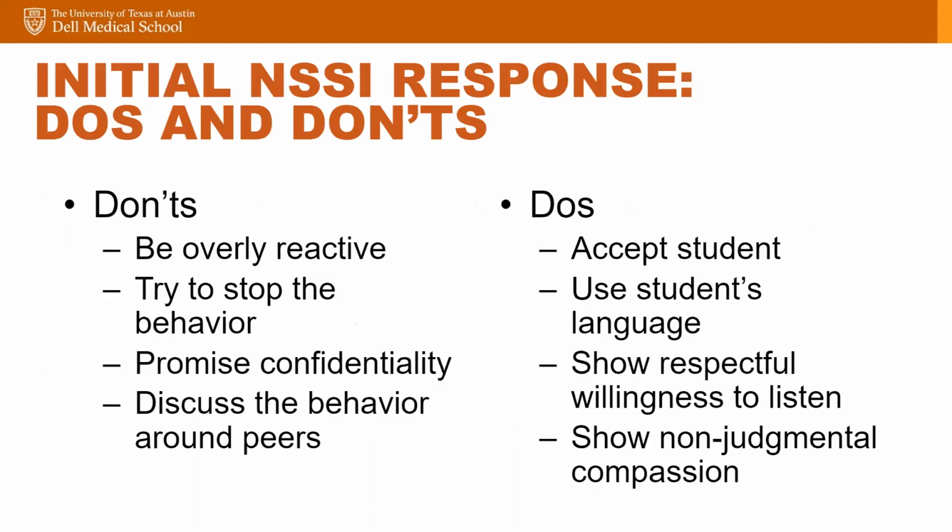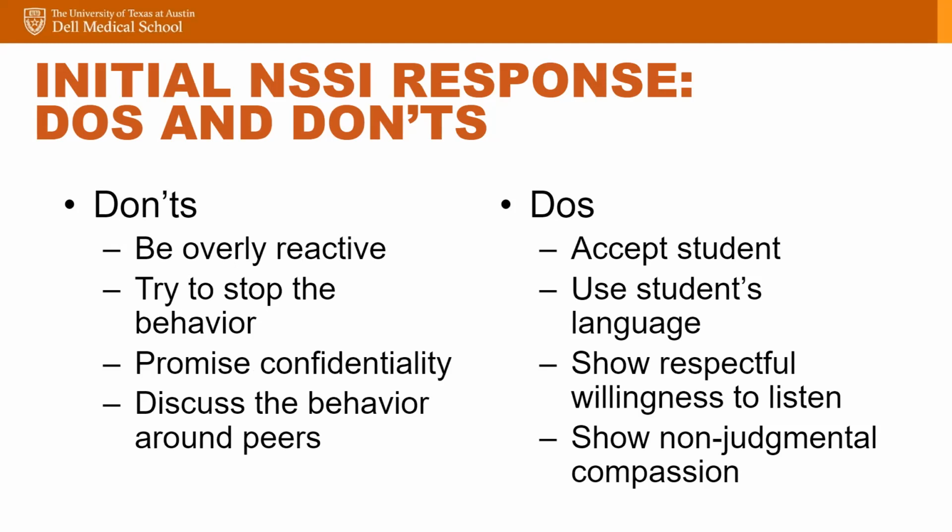So what are some things that are important to keep in mind when we discover or find out about a youth engaging in NSSI? I do want to validate that having NSSI be disclosed by a youth, or coming across NSSI in youth, regardless of our relationship to them, whether it's in a clinical setting, whether it's in a classroom, whether it's a friend who discovers this behavior and then comes over and tells us, it is difficult to find out that this is going on.